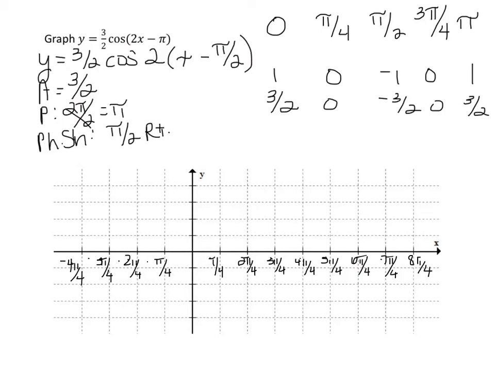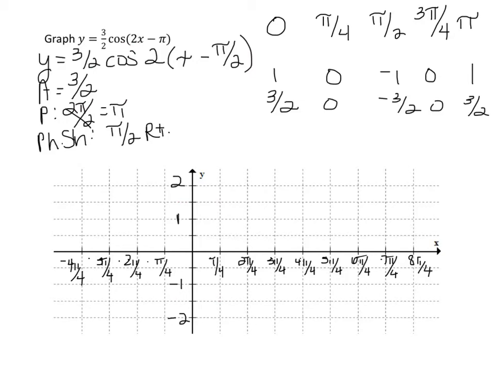And I can plot all of these points. I'll label this as 1, 2, here's -1, -2, so that 3/2 and negative 3/2 are easy to find.